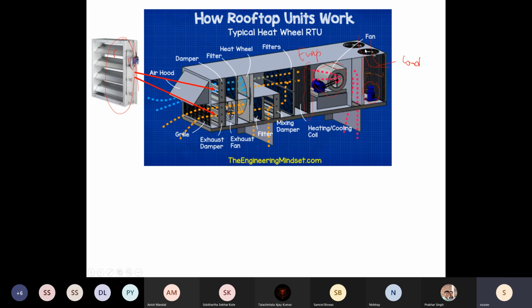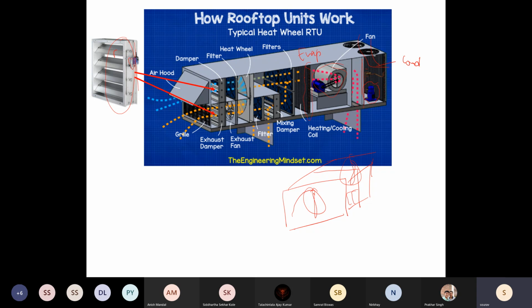Something similar is also present in your window ACs. You have two fans in your window ACs, one for the outdoor unit and one for the indoor unit. But since everything is mounted in one single box, there is an insulation provided. You have one fan over here, one fan on the back side, and the compressor is placed somewhere in the middle.